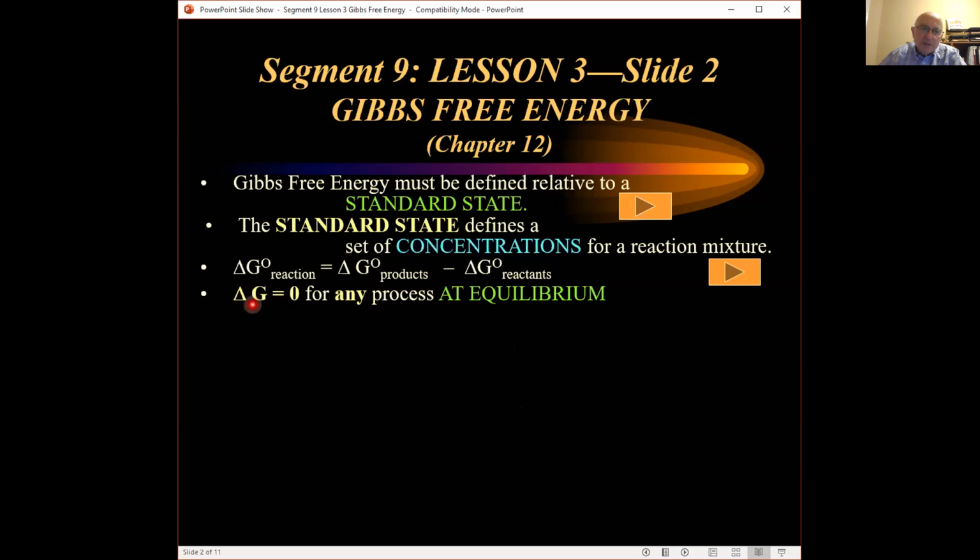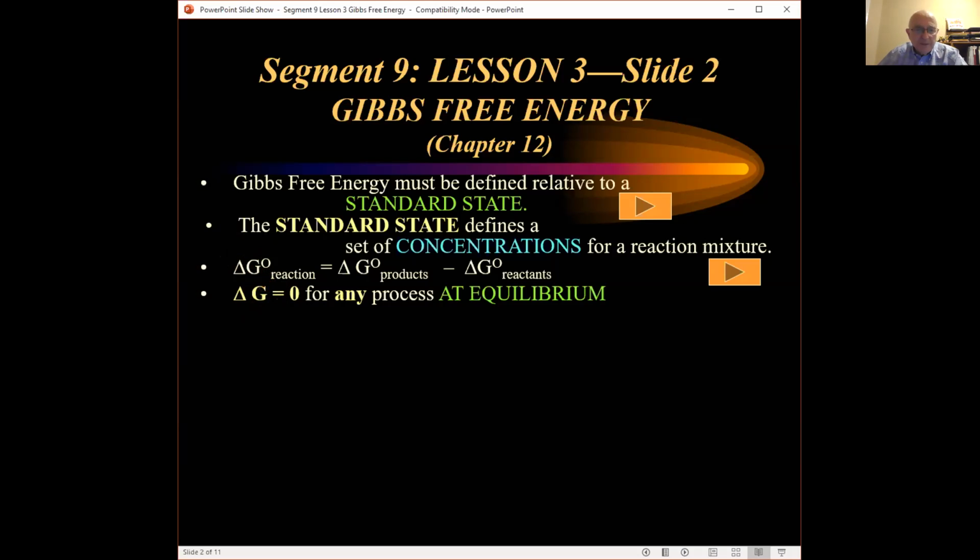So when you get a process to be at equilibrium, I do want you to notice that I'm looking at 2 different ways of writing delta G. Delta G with the little superscript at the top right means it's in the standard state values. The delta G without the little superscript means it's whatever reaction mixture you have at this moment.